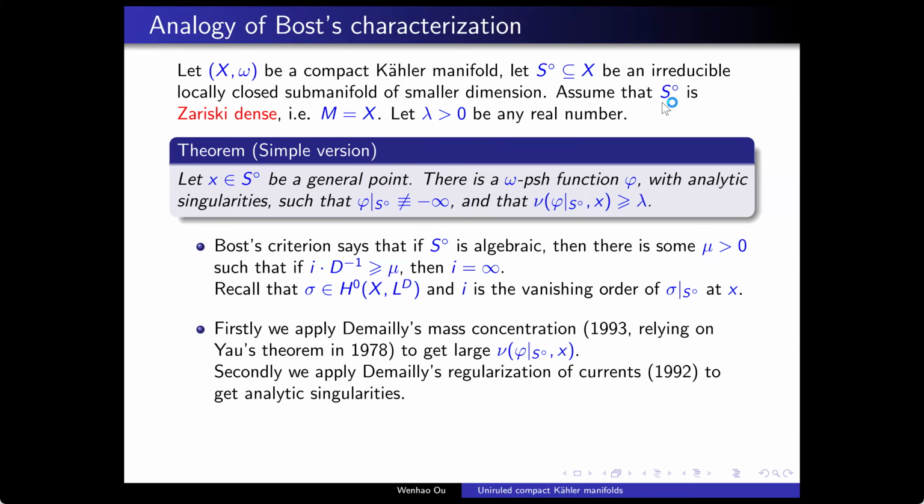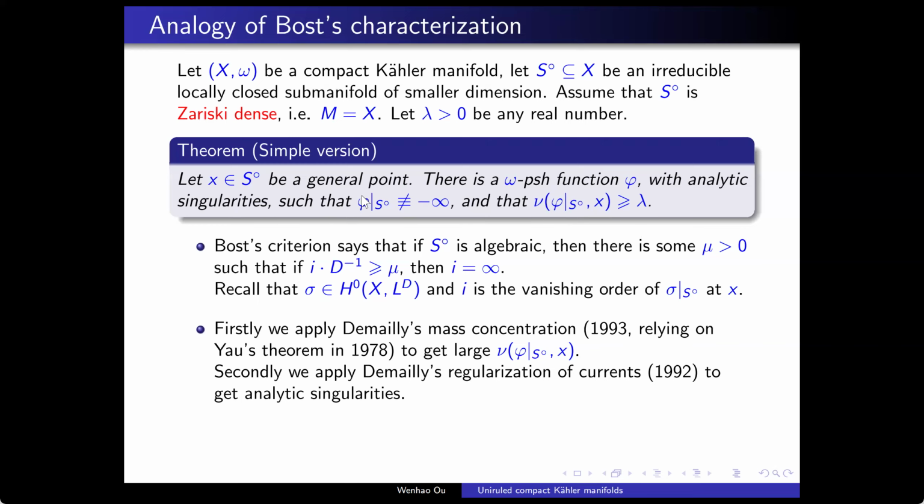I assume that S0 is Zariski dense in X. Then there is always an omega-PSH function phi with analytic singularities such that phi restricted to S0 is not identically minus infinity, and the Lelong number of phi restricted to S0 at the point x is greater than or equal to lambda. We can do this because the restriction is not minus infinity entirely on S0. So its restriction on S0 is a non-trivial omega-PSH function.